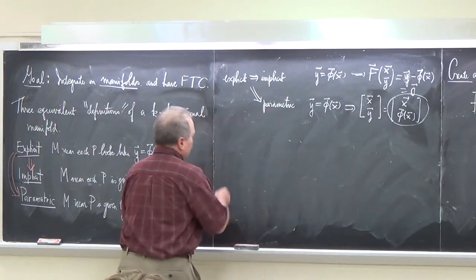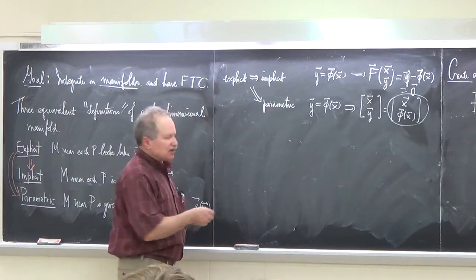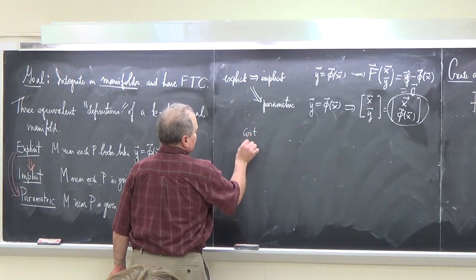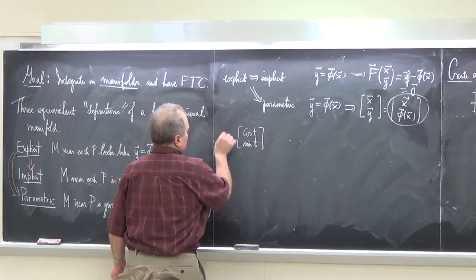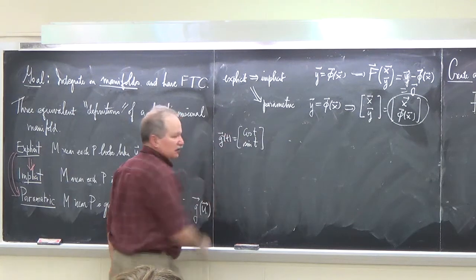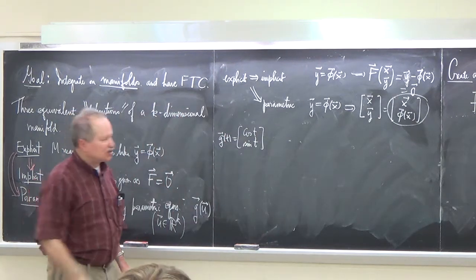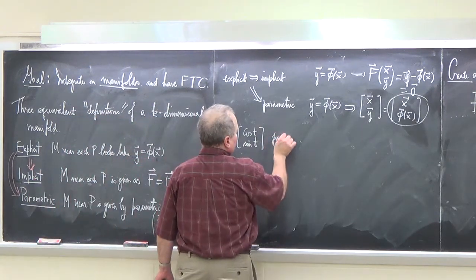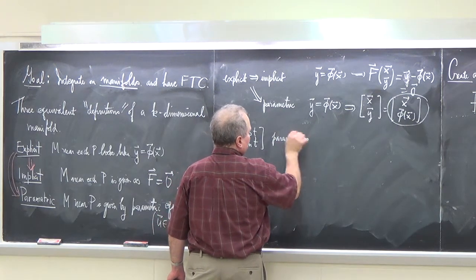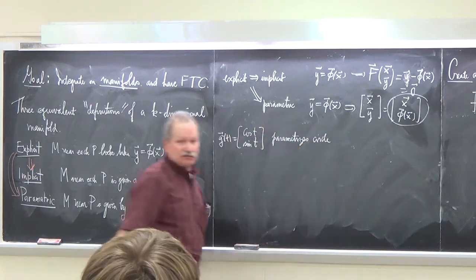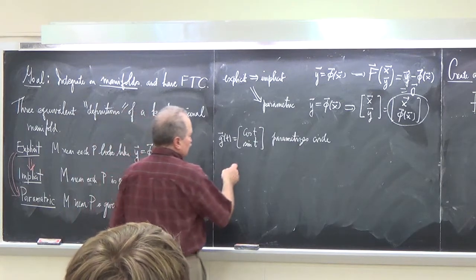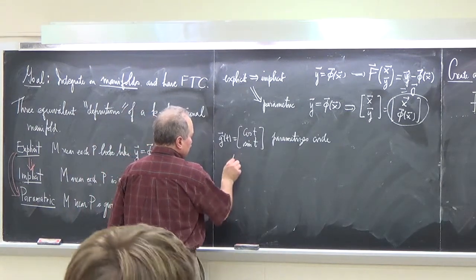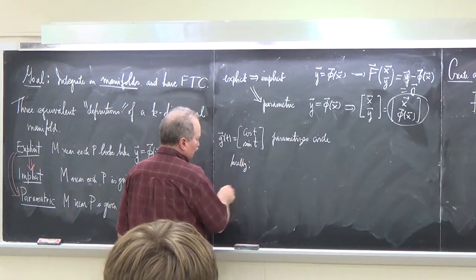But for example, what's a parametric representation that isn't a graph? How about cosine t, sine t for the circle? That parameterizes the circle. That's a parametric representation. So would the circle be the image of g? Yes. Image.